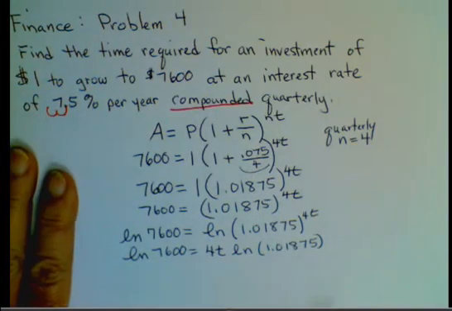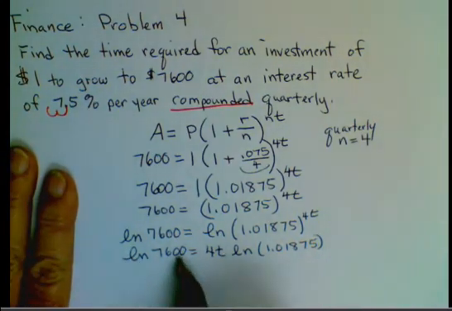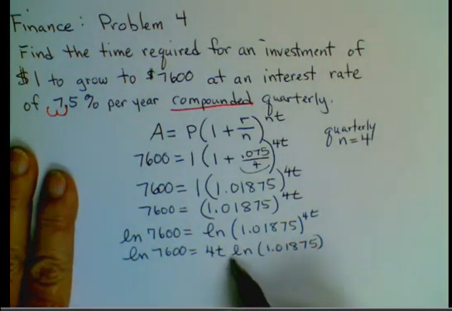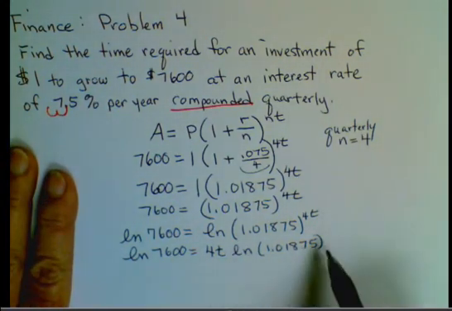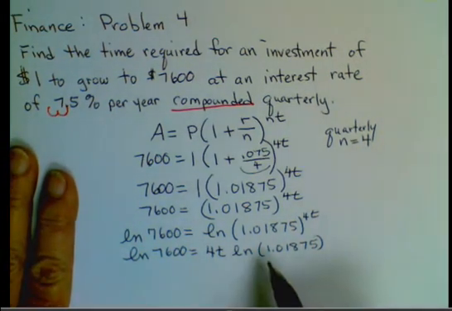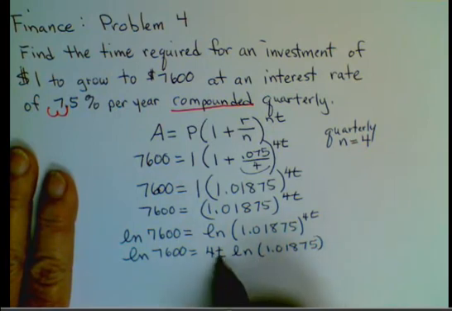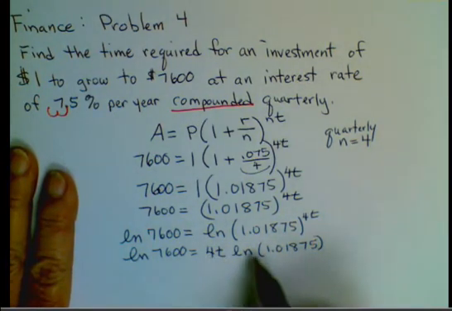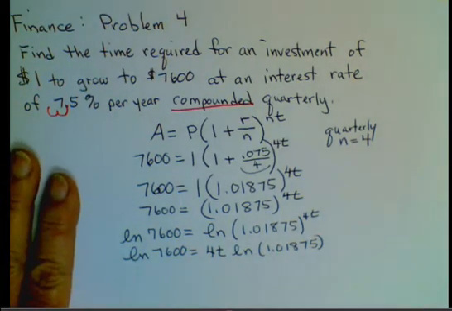Now, we want to isolate this t. This logarithm of 7,600 and this logarithm of 1.01875, those are just numbers, right? So we can get rid of those. To get the t by itself, we need to divide out the 4 and this logarithm. We can do it all in one shot.